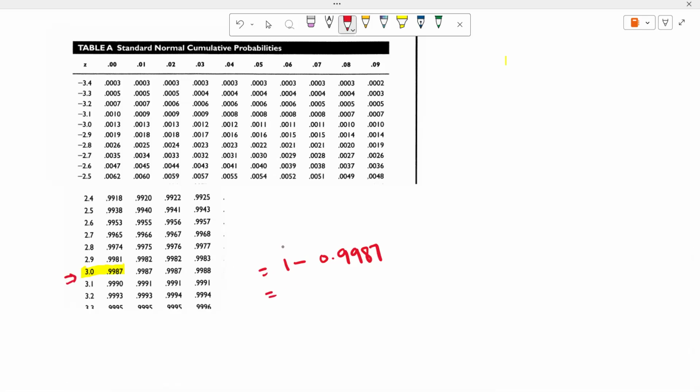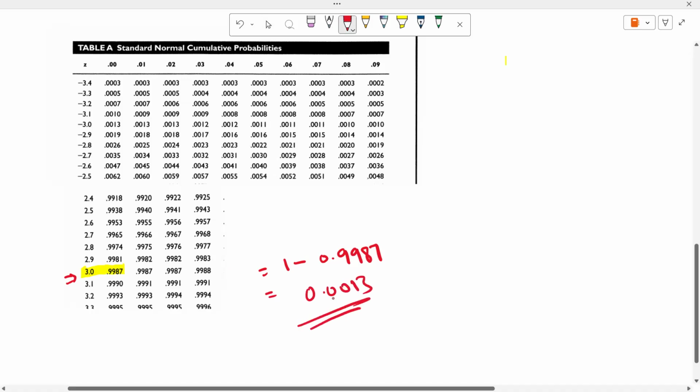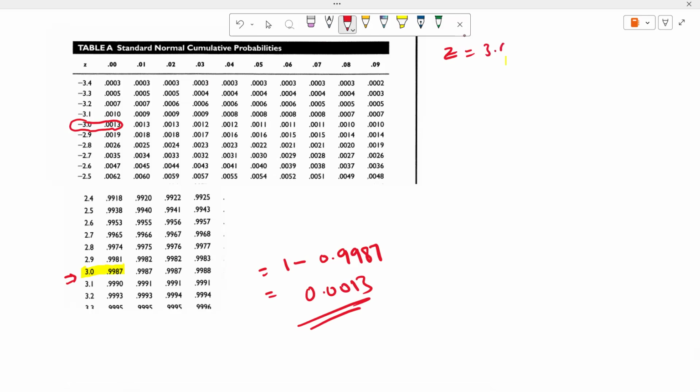So you would get what? 1 minus 0.9987, you would get 0.0013. This would be the exact answer if you had looked at the negative side, right? Because your z-score is actually 3.00. So 3.00, this column, right?